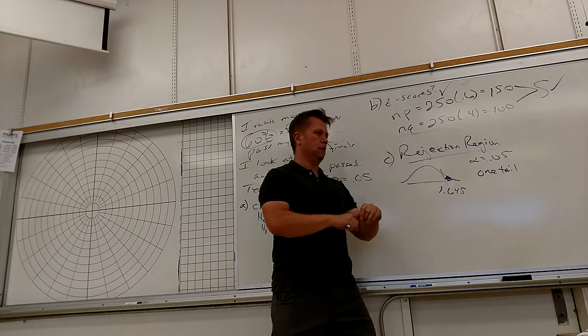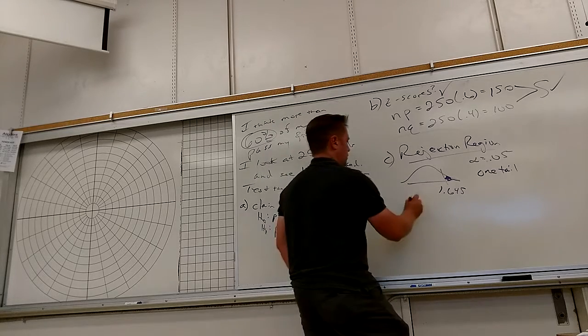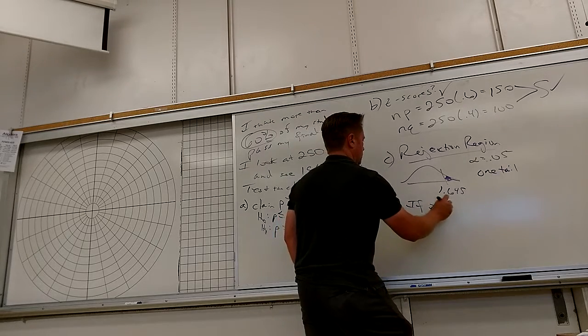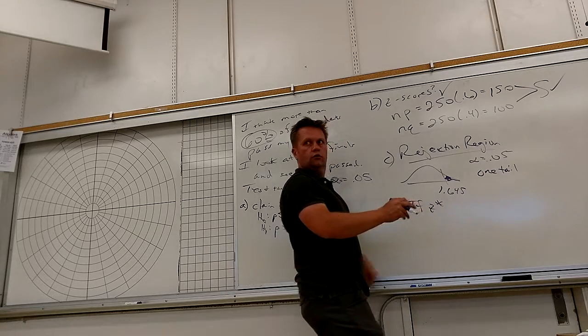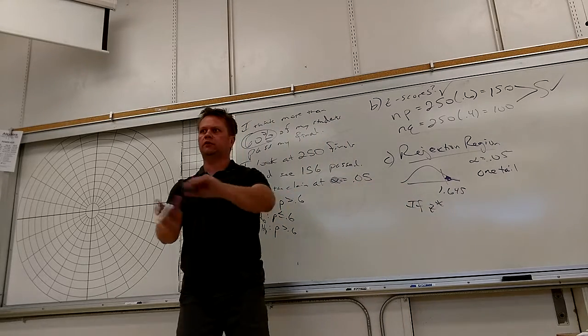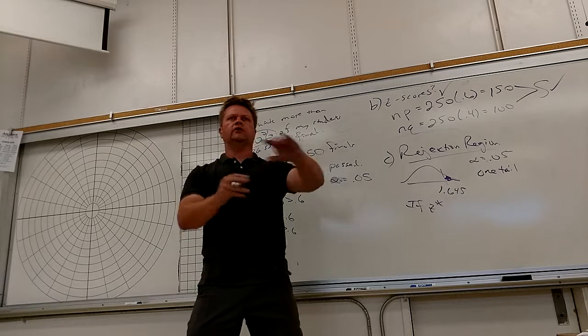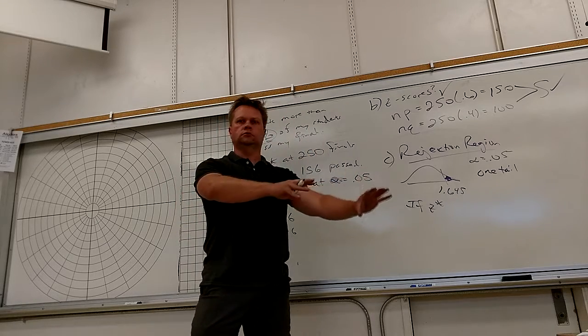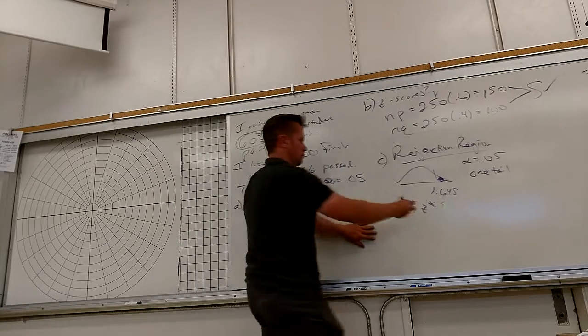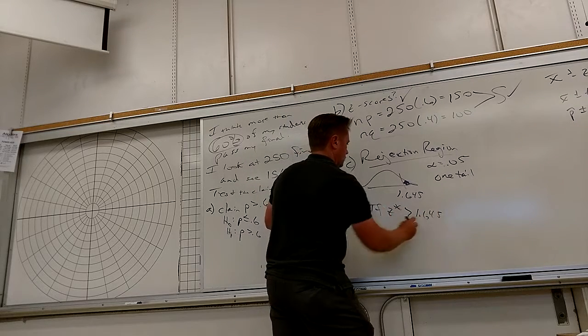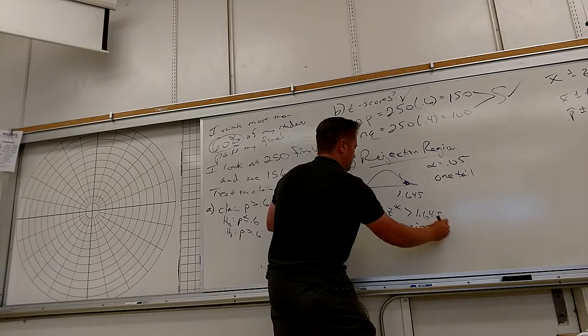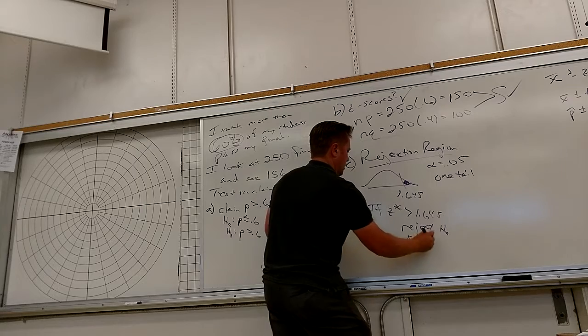So if Z star is how related to 1.645, when can I reject H_0? If it's greater than. Exactly. Reject H_0 and at the same time support H_a.